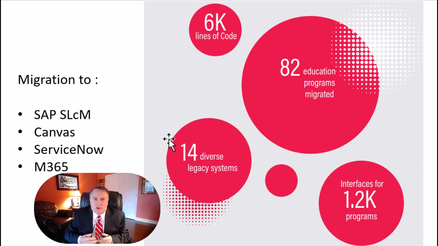So now, how have you applied these leadership principles that you've been talking about for the last couple of months to your actual work? Well, here are some of the things that we've done. We've moved 14 legacy systems, 82 different programs, 1,200 different interfaces, and 6,000 lines of code, all of these legacy environments, into 4 primary cloud-based services.